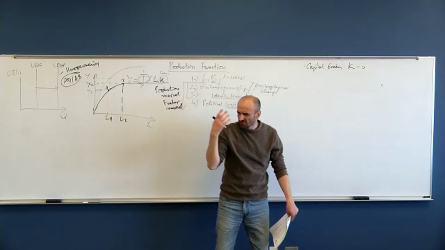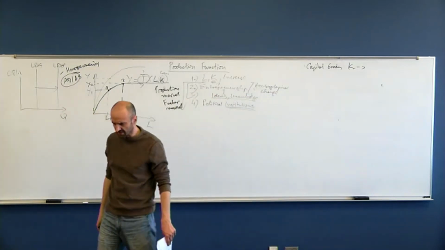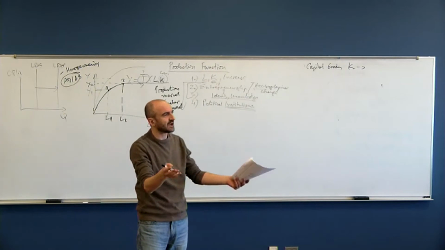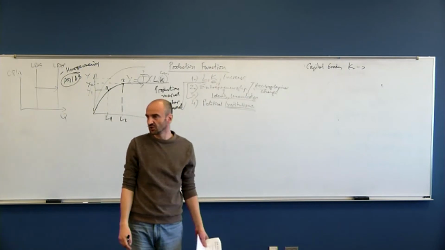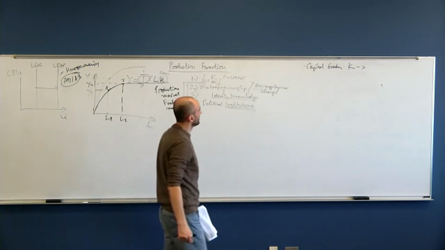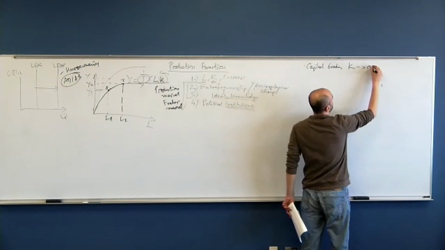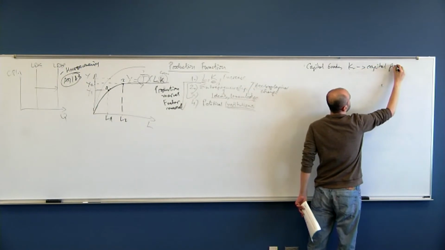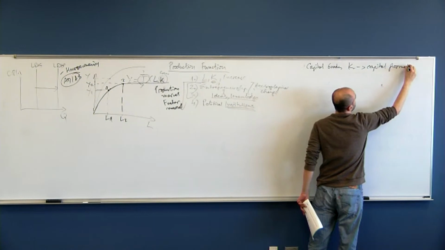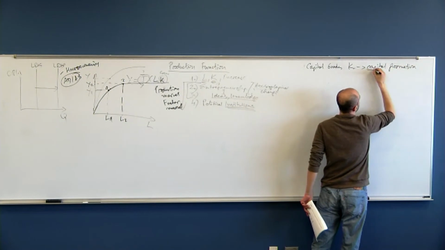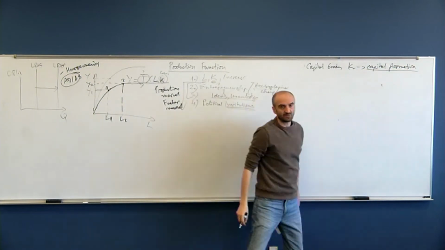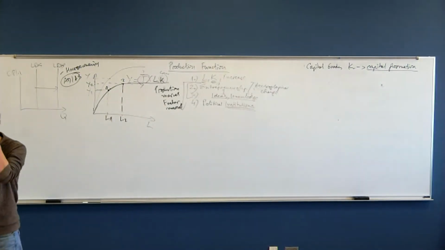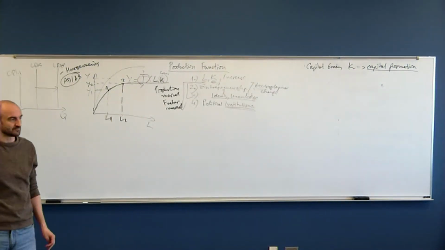Now, when you think about capital formation, capital formation is a process of increasing the capital stock, increasing the quantity of capital goods. Remember that's a technical term. Capital formation is an increase in the stock of capital goods.